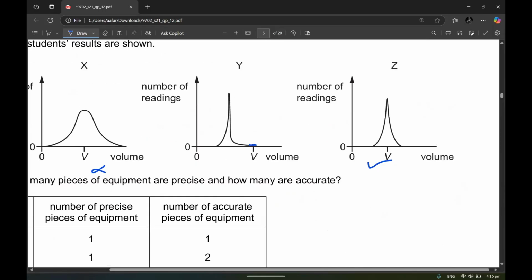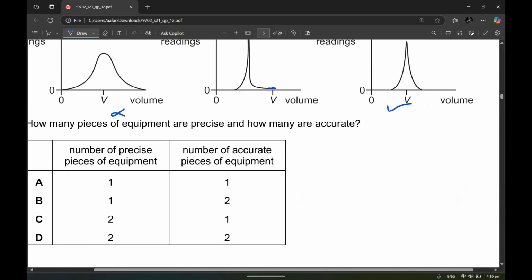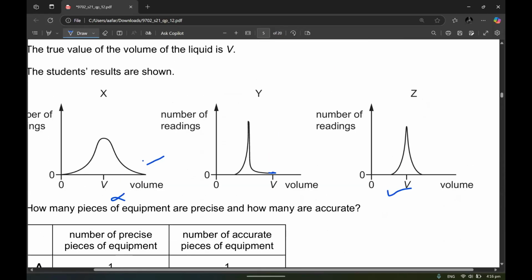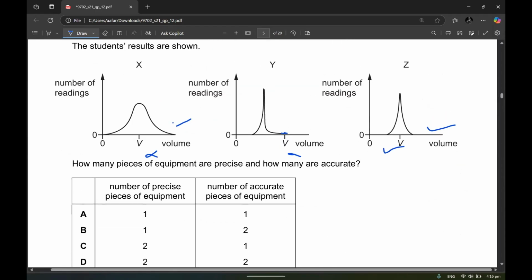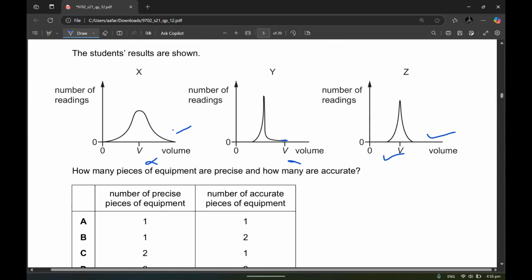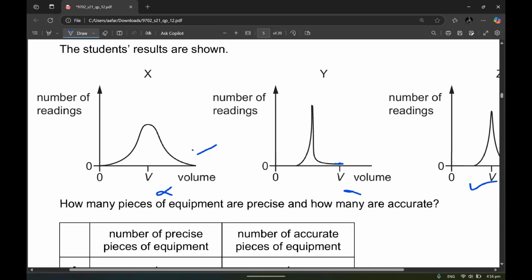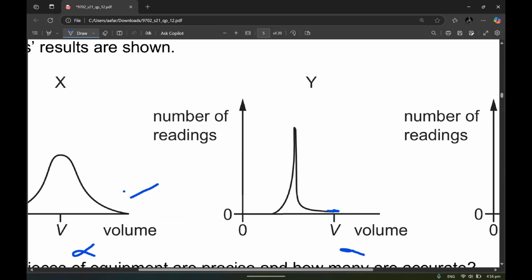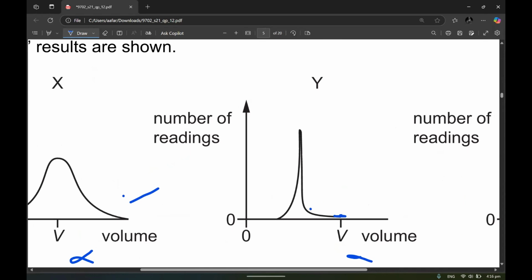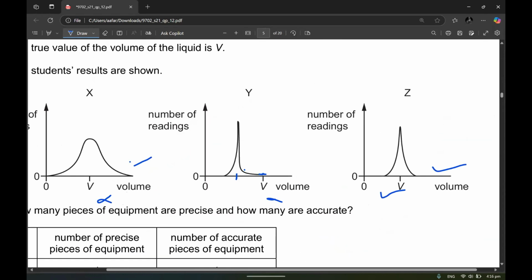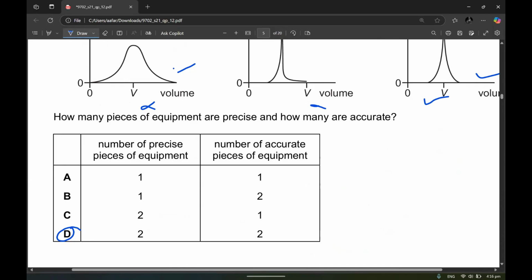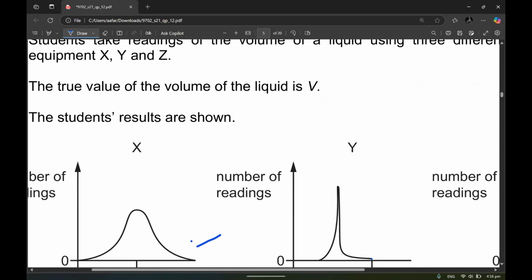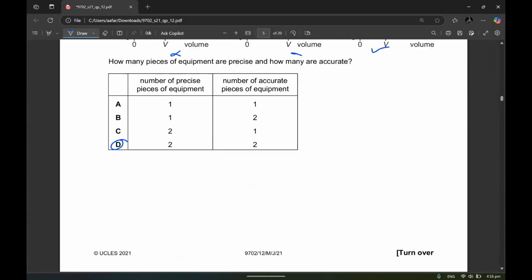And for accuracy, this seems accurate, and this also seems accurate. This is inaccurate. So the answer is D.